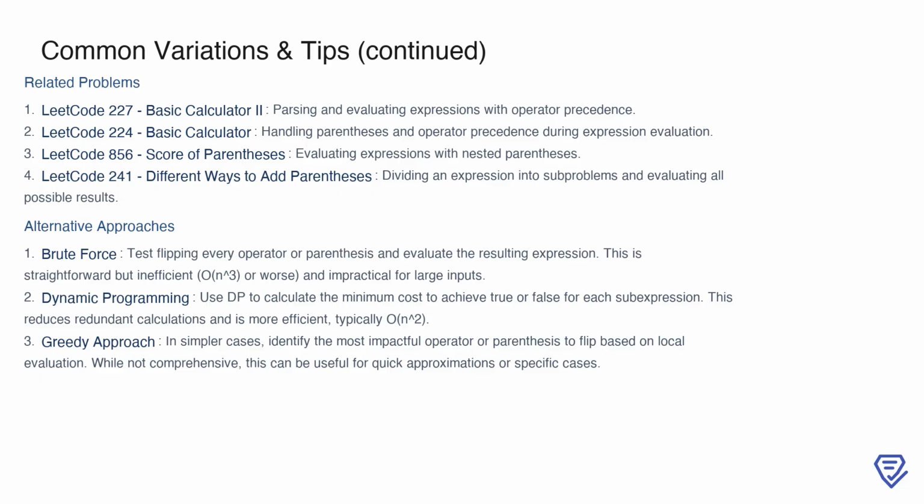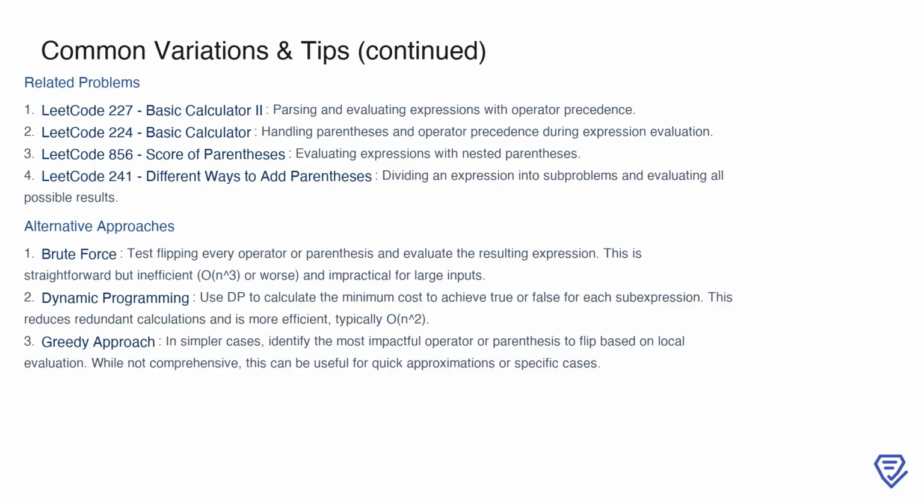Similarly, LeetCode 224, Basic Calculator, emphasizes handling parentheses and precedence. LeetCode 856, Score of Parentheses, is another useful problem that deals with evaluating nested parentheses. Finally, LeetCode 241, Different Ways to Add Parentheses, challenges you to divide an expression into subproblems and compute all possible results.